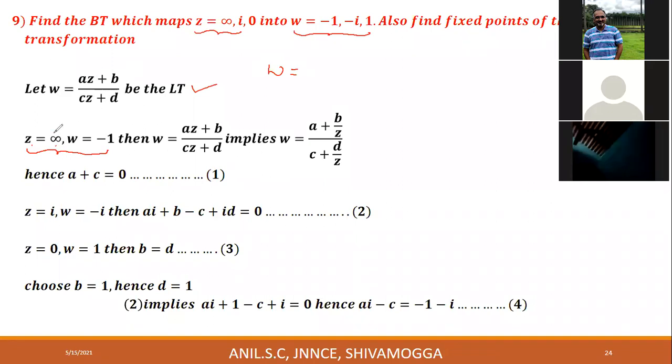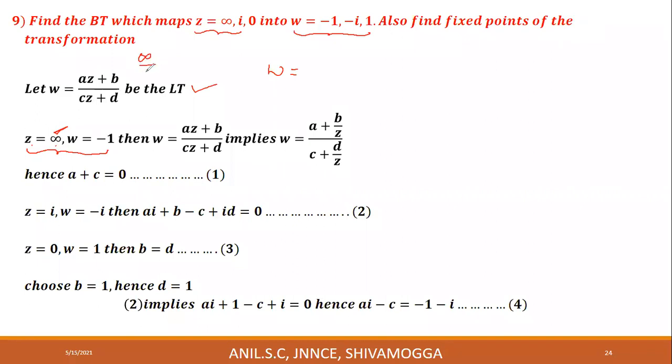If you substitute z equal to infinity, this takes the infinity by infinity form, which is called indeterminate form. Therefore, we shall rewrite this as (a plus b by z) divided by (c plus d by z). Divide both numerator and denominator by z; there will be no change in the expression.